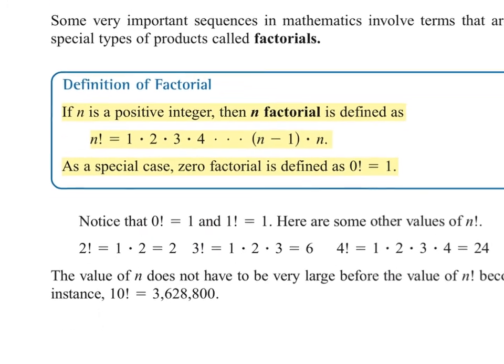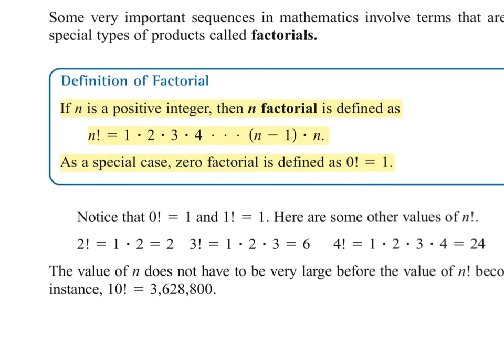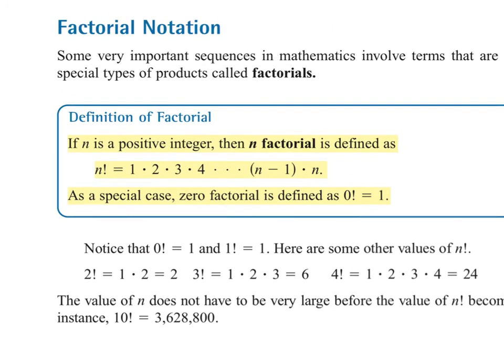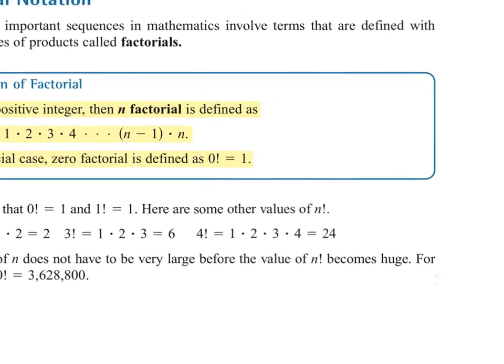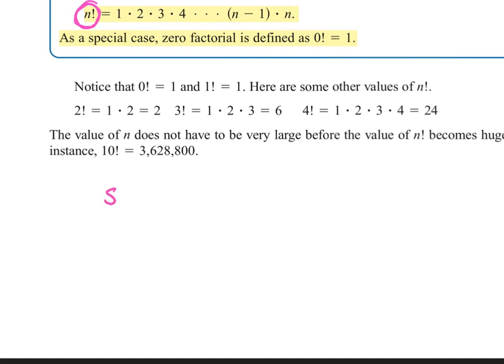All right, next we have factorial notation. So a factorial is this little exclamation point here. It's not just an excited N. It stands for whatever that number is and all the decreasing numbers behind it multiplied by each other. So if we had 5 factorial, this would be 5 times 4 times 3 times 2 times 1, which is 120.